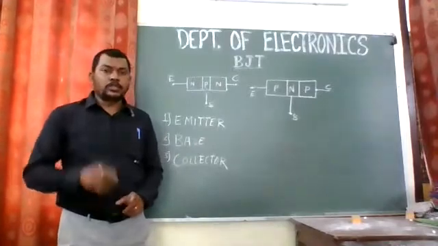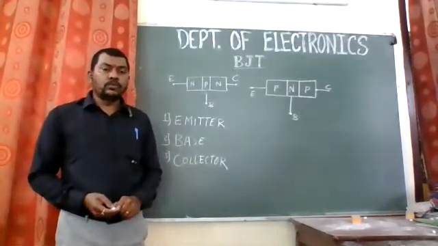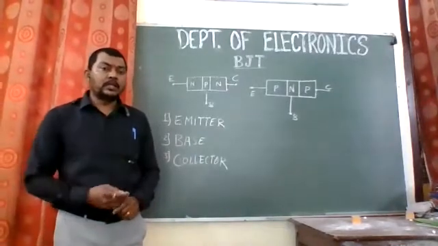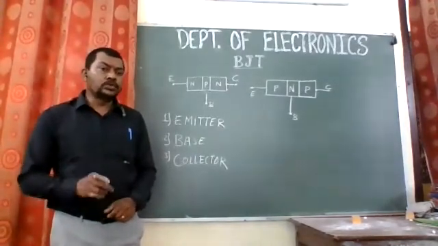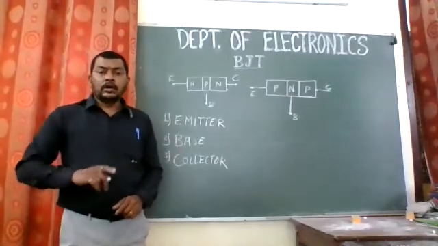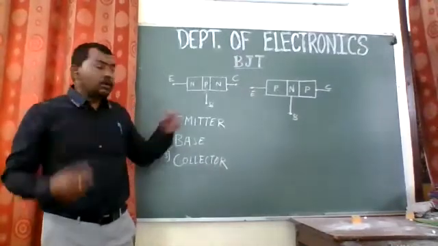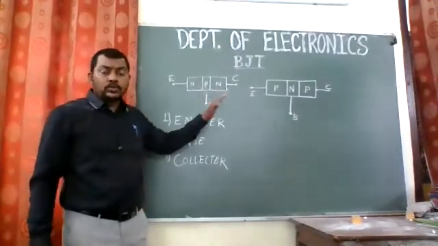Now, for the symbols. Remember when I taught you the diode, I told you about the arrow in the diode. It shows you the direction of flow, and according to the diode, the current always flows from the P type to the N type. Here also we are going to show that in the symbols.